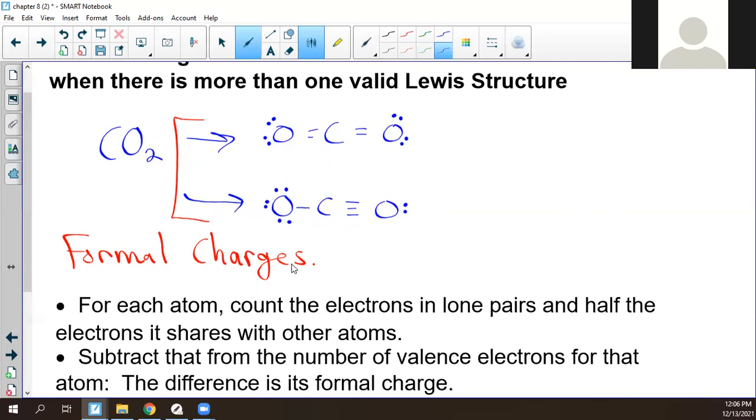This oxygen has 4 that are in lone pairs, and it has 4 that are shared. So we take half of the shared ones: 4, plus 2.